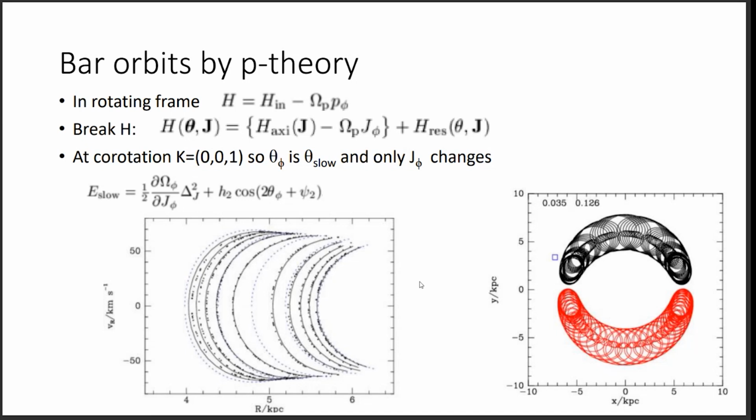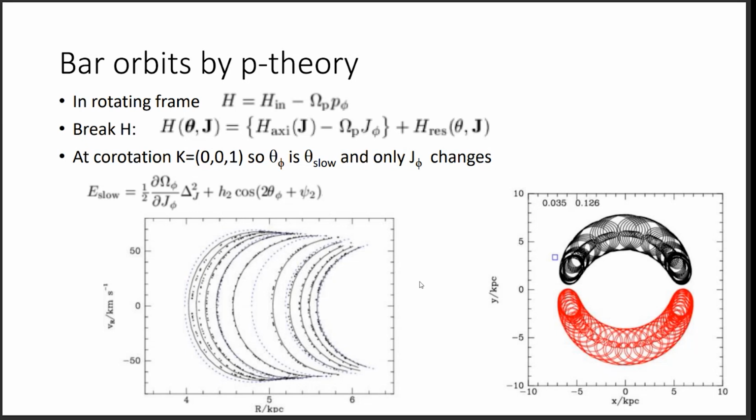These full curves are actually pieces of tori constructed by perturbation theory. So the torus goes round like this, and then it goes back like that. These curves come in pairs, either side of some middle point here, and the dots you can see are obtained by numerically integrating the equations of motion.